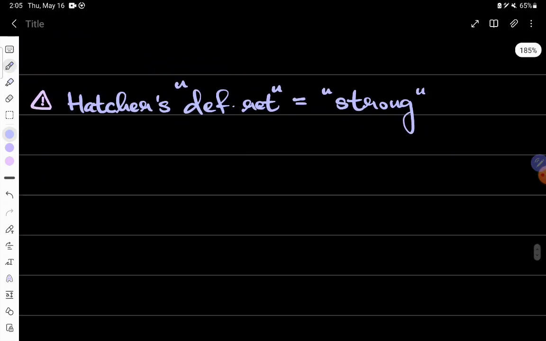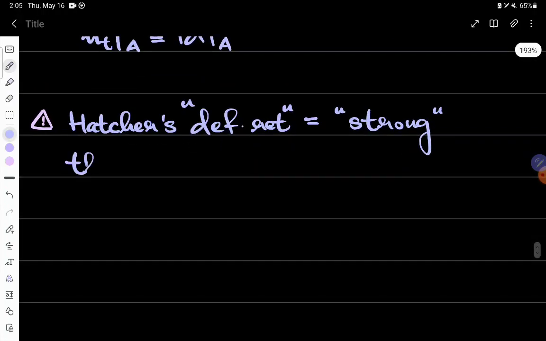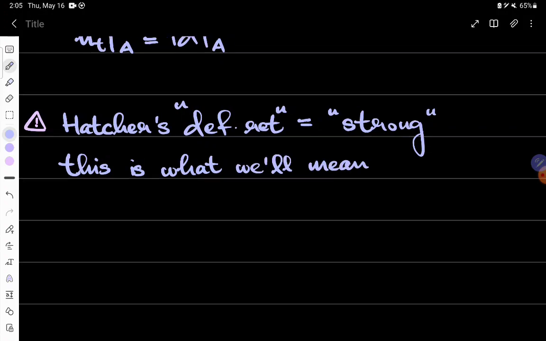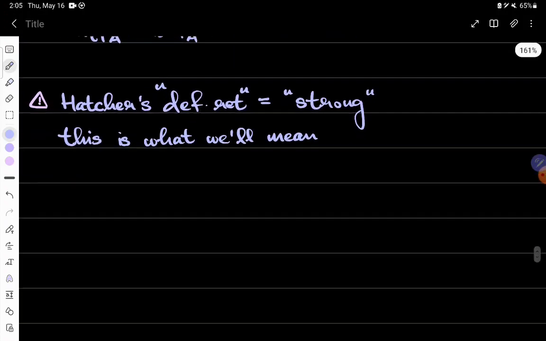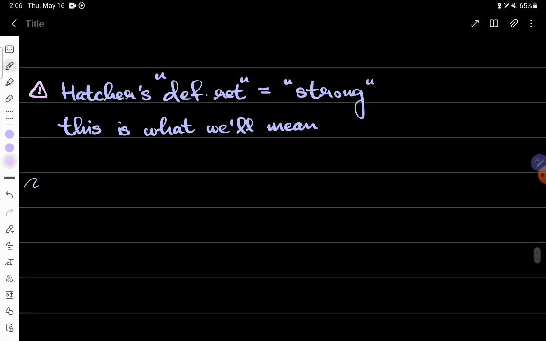He does not talk about weak deformation retractions, and this is what we'll mean going forward if we suppress either weak or strong. If we just say deformation retraction, we're going to assume it's a strong one. Okay. Let me give an example of a strong deformation retract.